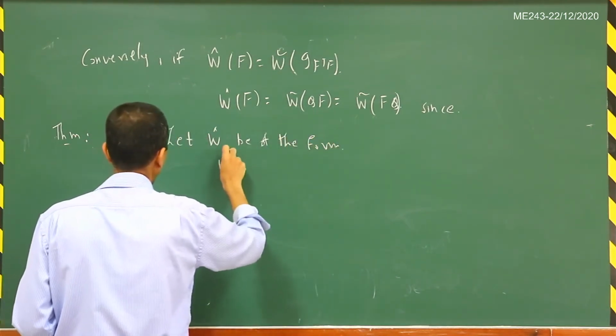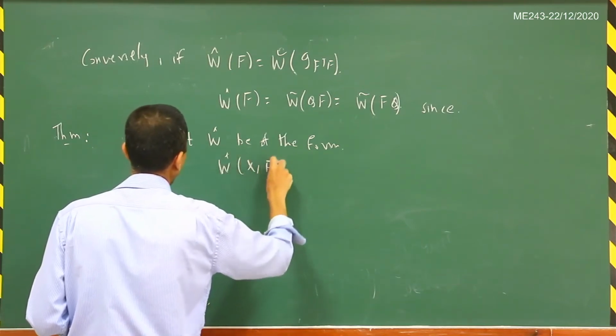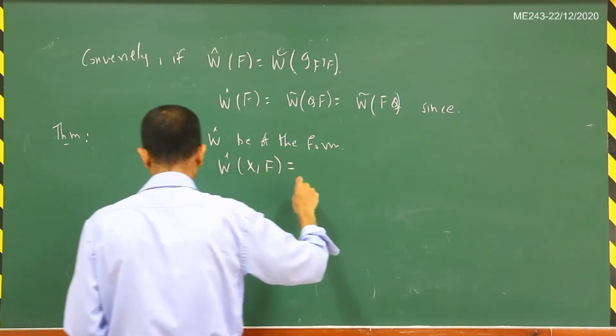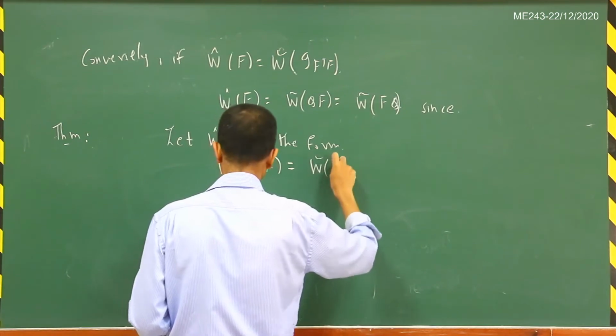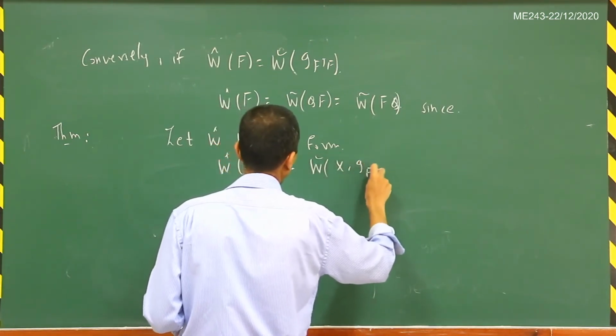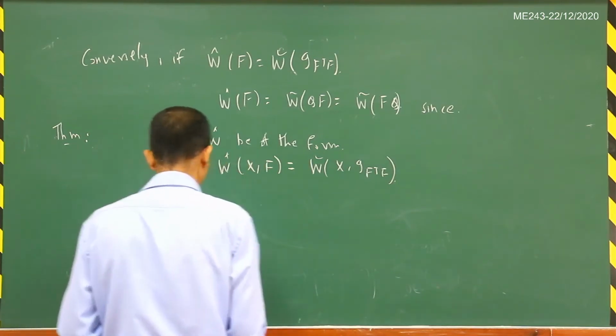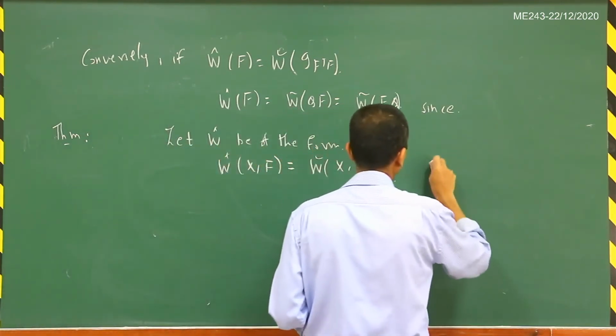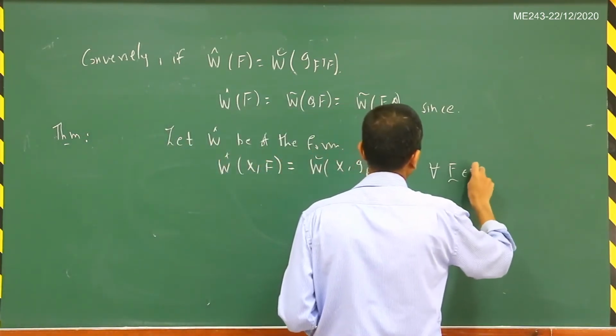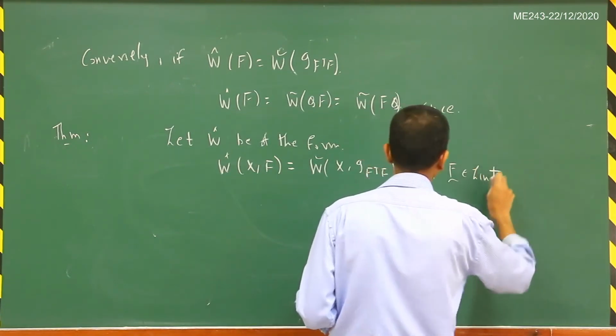So let W hat be of the form W hat of x comma F is equal to W of x comma invariants of F transpose F, for all F belonging to M plus.